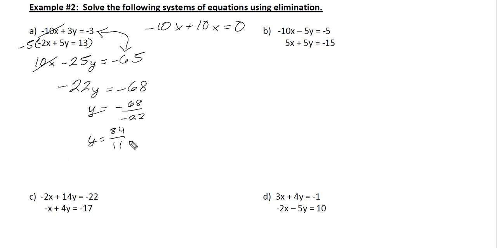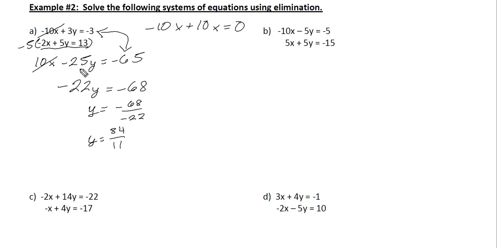We take this value and we can plug it into either one of those original equations and then solve for x. So it's up to you what equation you'd like to plug it into. I'm going to choose to plug it into that second equation, because we've got negative 2x and that's what we're going to be solving for, so we're just going to have to divide by negative 2 when it's all said and done in order to solve for x.